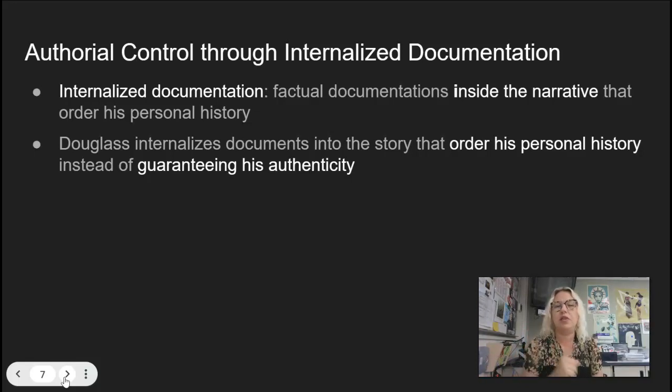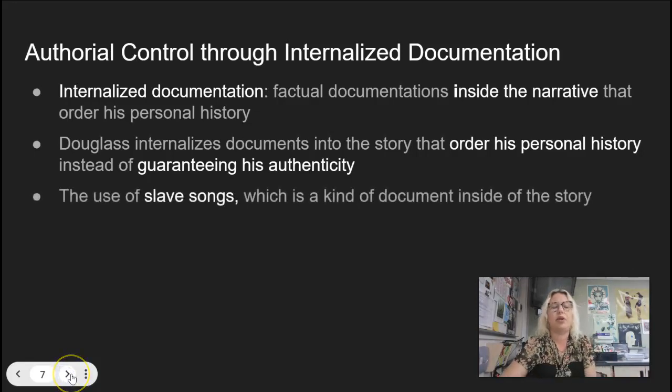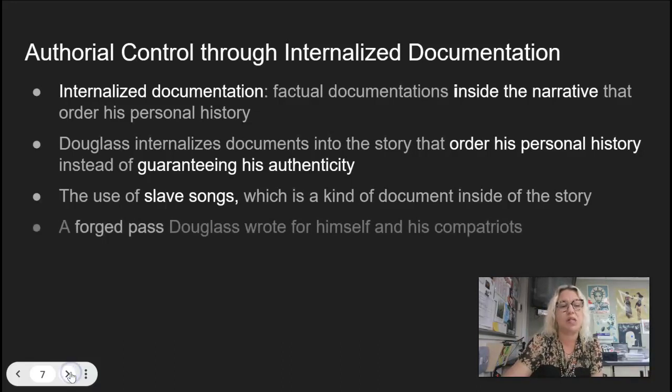Douglass doesn't use these internalized documents for that reason. Instead, he uses it to show his personal history, his journey from a slave to a free person. One example of this is using slave songs, which is a kind of document inside of the story. You can watch for that in the first reading.